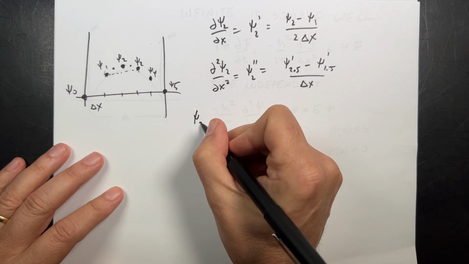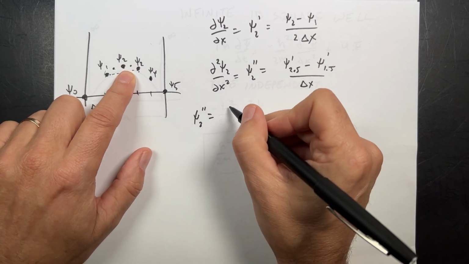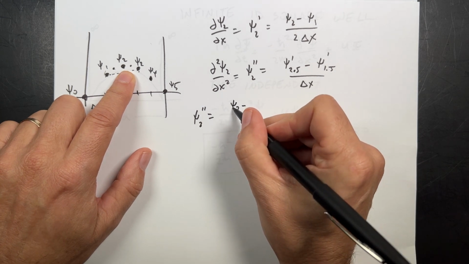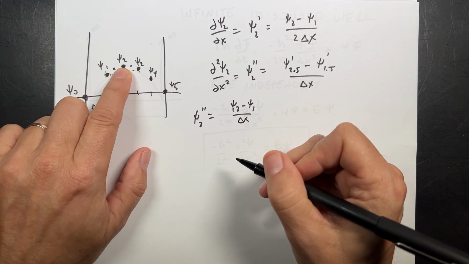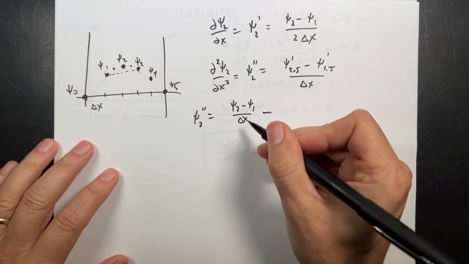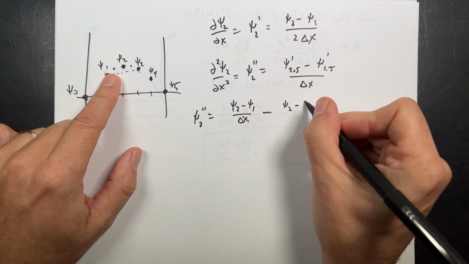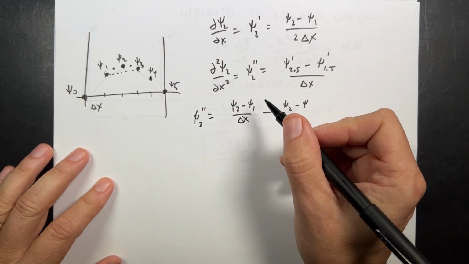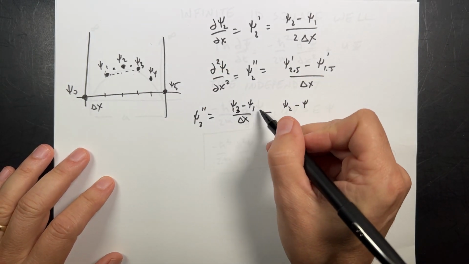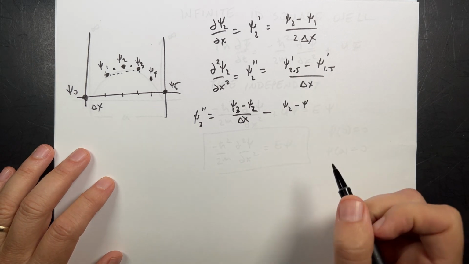So psi 2 double prime is going to be equal to psi 2.5 prime, which is psi 3 minus psi 2 over delta x, because it only has an interval of delta x, minus this slope, which is psi 2 minus psi 1 over delta x. I'm sorry, that's a 3. This is psi 3. Where'd I get that? I was just going to town there. I did it right there.